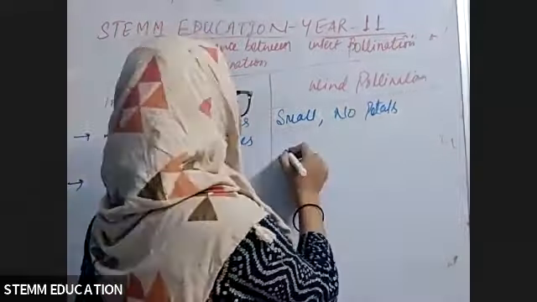Generally, flowering plants in which insect pollination happens have nectaries present, or they release nectar.